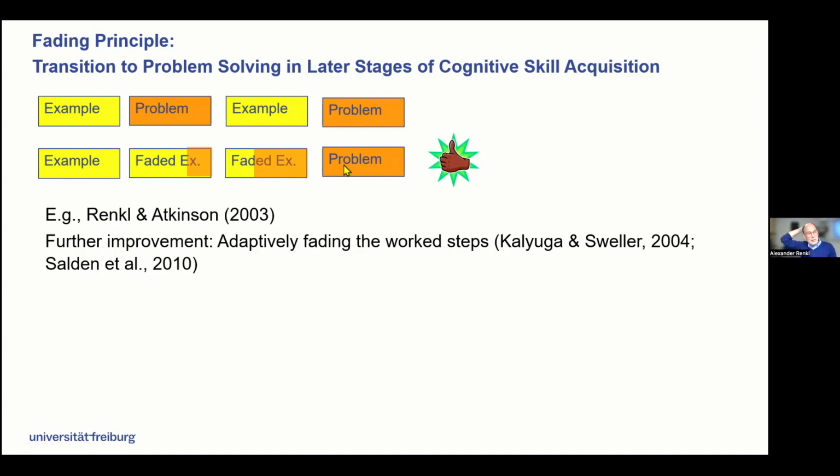But we also used, for example, the Salden et al. study, the cognitive tutor, intelligent tutoring technology, to estimate how far along the learners are.